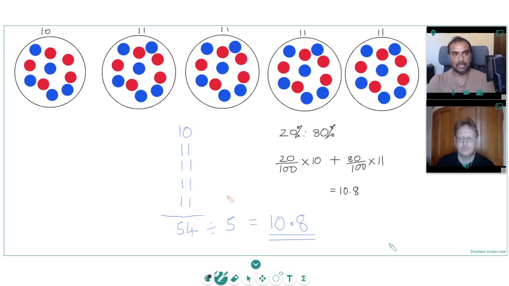Brilliant. Is there anything else you want to add, Paul? Yeah, I think it's just worth following on from your calculation there. If we just work each of those out, so 20 times 10 would be 200, divided by 100 is 2. And then 80 times 11, so that would be 880, divided by 100, which would be 8.8.